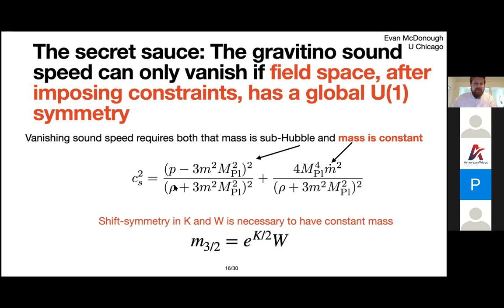This is one way, in terms of the pressure and energy density of the background and the time dependence of the mass. The time dependence of the mass makes a positive definite contribution, so any non-zero time dependence will lift these zeros. So to have c_s vanishing, you need this identical shift symmetry in K after you impose the nilpotency constraint.